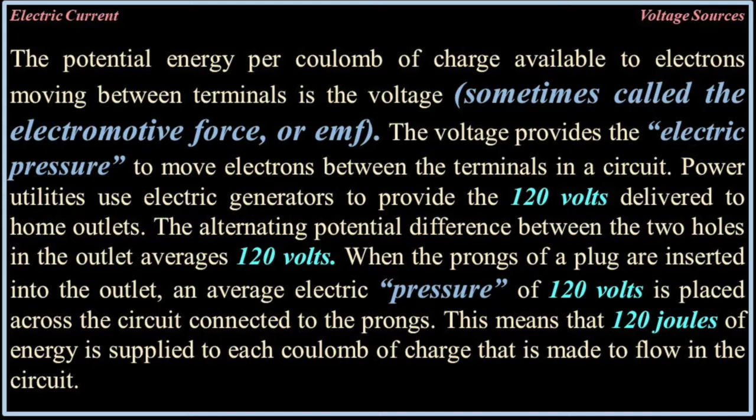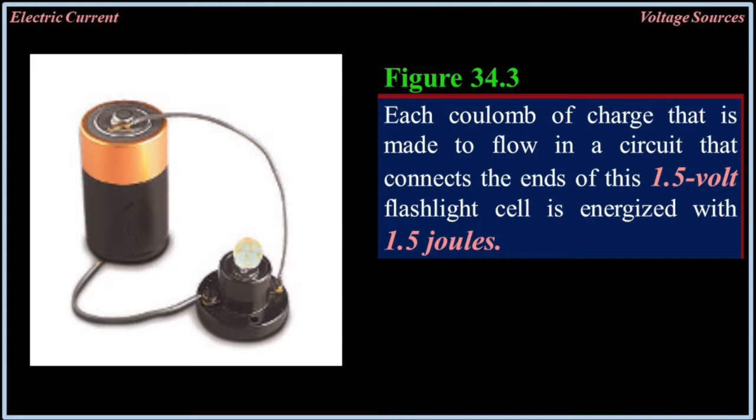This means that 120 joules of energy is supplied to each coulomb of charge that is made to flow in the circuit. Each coulomb of charge that is made to flow in a circuit that connects to the ends of this 1.5 volt flashlight cell is energized with 1.5 joules.